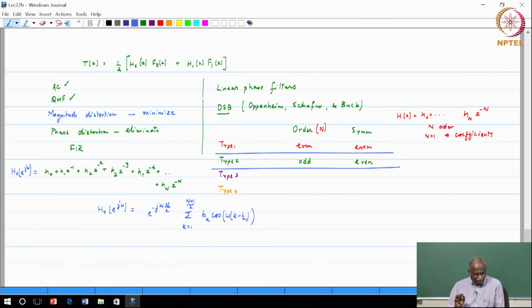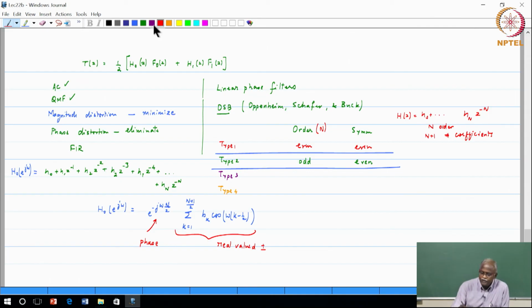What is important for us is that this is a real valued function. It may be positive or negative, because this is a sum of cosine terms that are getting added. So all the phase term is captured here, and there may be a plus pi if the real valued function turns out to be negative.